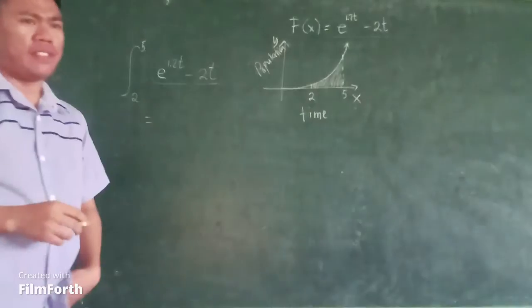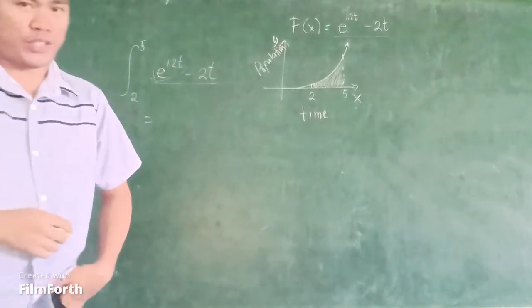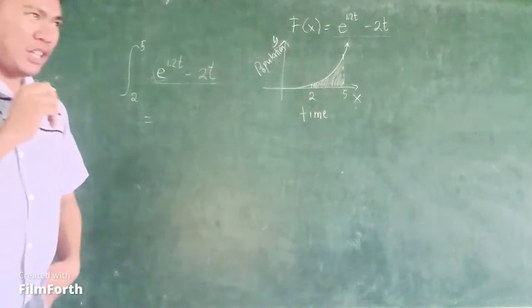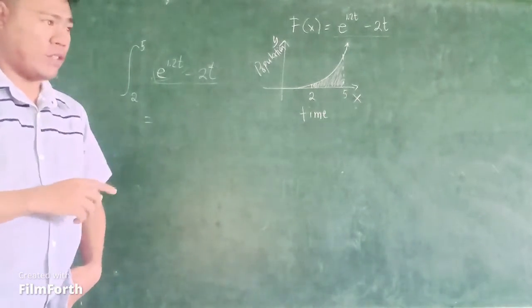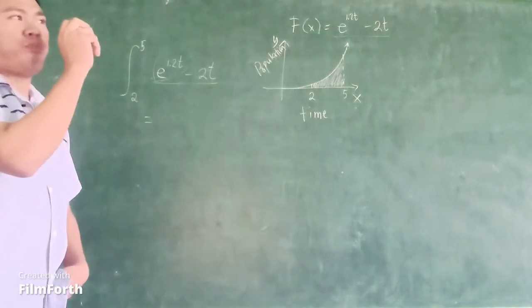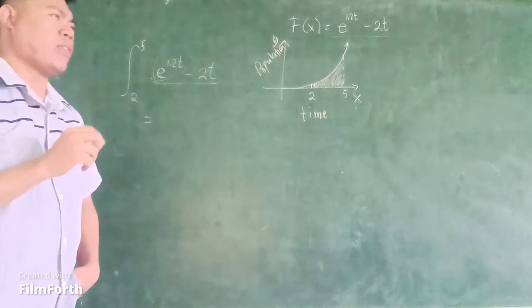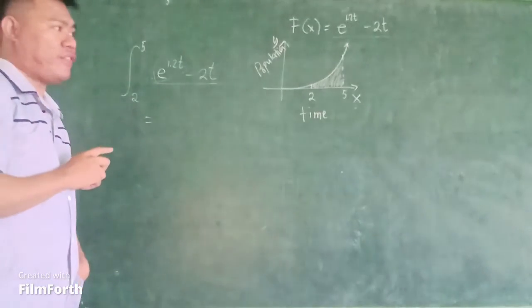So, what is the antiderivative first of this e raised to 1.2t? Using the rules of the antiderivative, we can tell that 1.2 is just equivalent to 12 over 10 or 6 over 5.